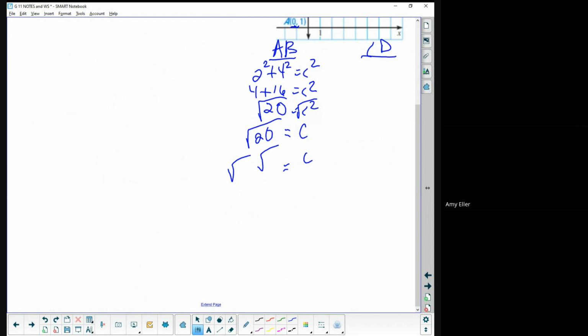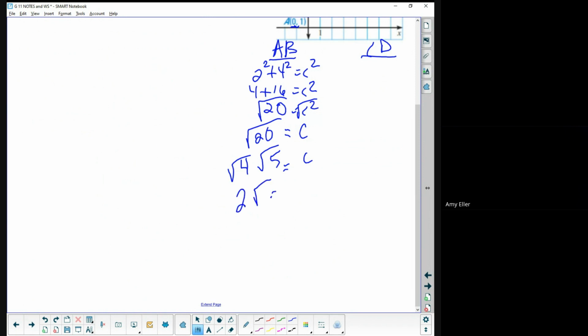Anybody tell me a perfect square that goes into 20? Yeah, very good. 4 and 5. We simplify. The square root of 4 is exactly 2.